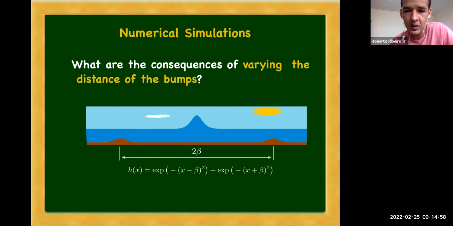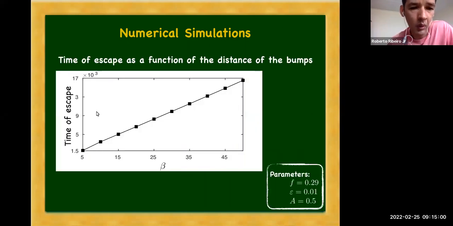We plot the time of escape, because as we saw previously, the wave oscillates between the bumps, then eventually it escapes. So we plot here the time of escape as a function of beta, the distance between the bumps. As we can see, this is basically a linear relation between time of escape and beta. Somehow we expect this result.